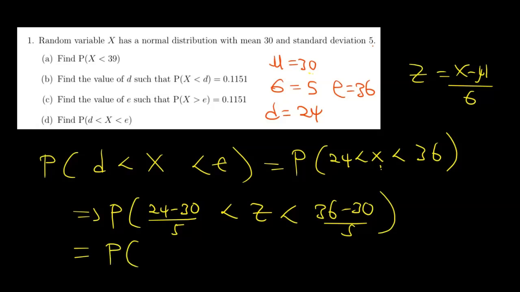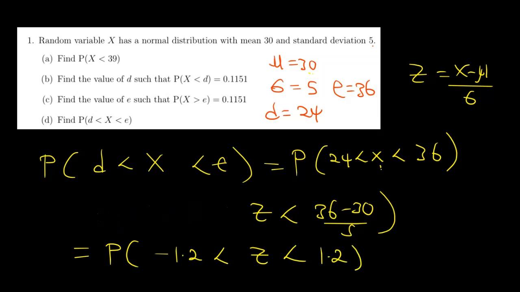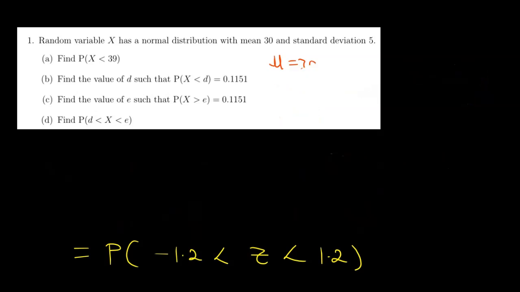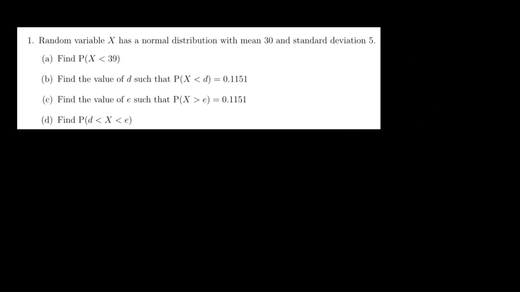So this one here is going to give me minus 1.2 less than z less than 1.2, like this. So I'm finding the probability that z is between minus 1.2 and 1.2.